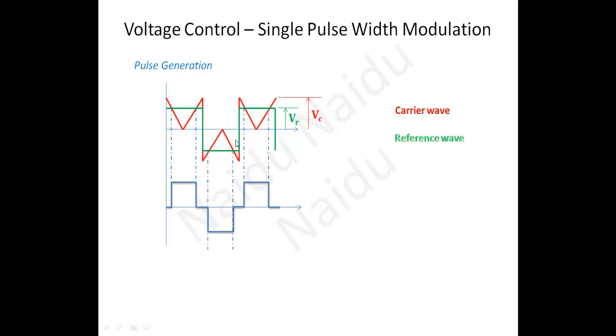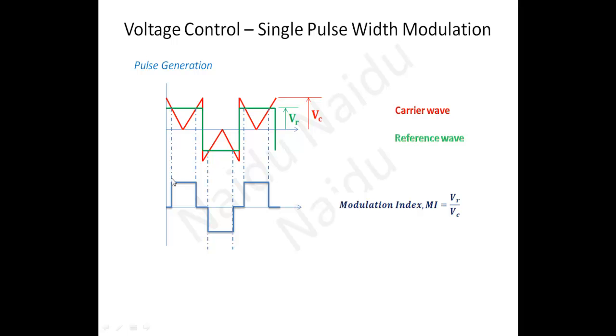To do that, we take one important quantity, the modulation index. Modulation index is the ratio of reference voltage amplitude to carrier wave amplitude. Most of the times the carrier wave amplitude is kept at 1. That's fixed. To change the pulse width and get a different voltage at the output, we change only the amplitude of the square wave. So that's how we control the output voltage by changing the pulse width, through the modulation index.